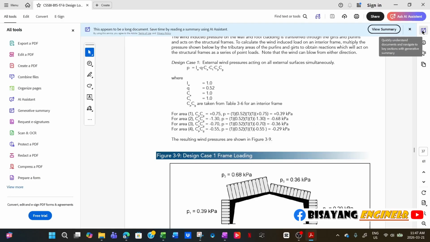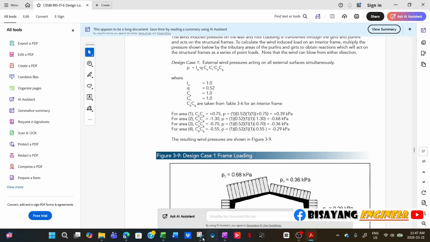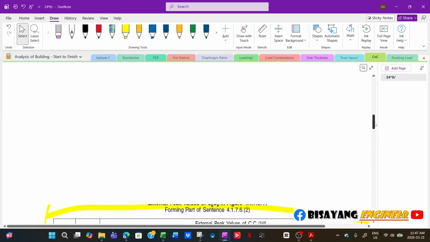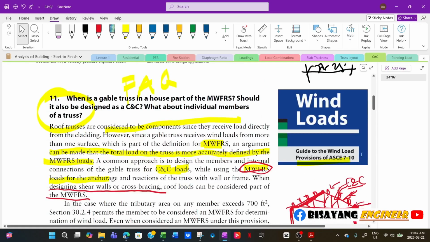Or I'm sure for ASCE 7 there are also design guides, especially for the wind load provisions of ASCE 7. This design guide also has sample calculations. When you make the spreadsheet, make sure the results match the example provided in the design guide.